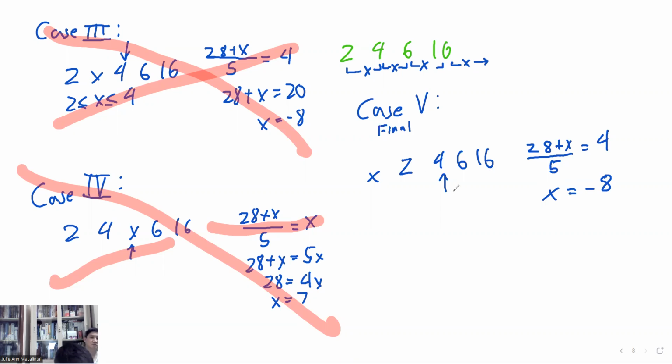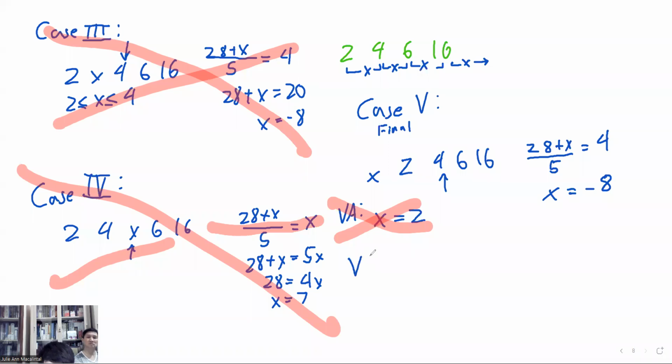Actually, we can group it into subcases. When x is equal to 2, of course this is a violation. So this first subcase is not true. x cannot be equal to 2.